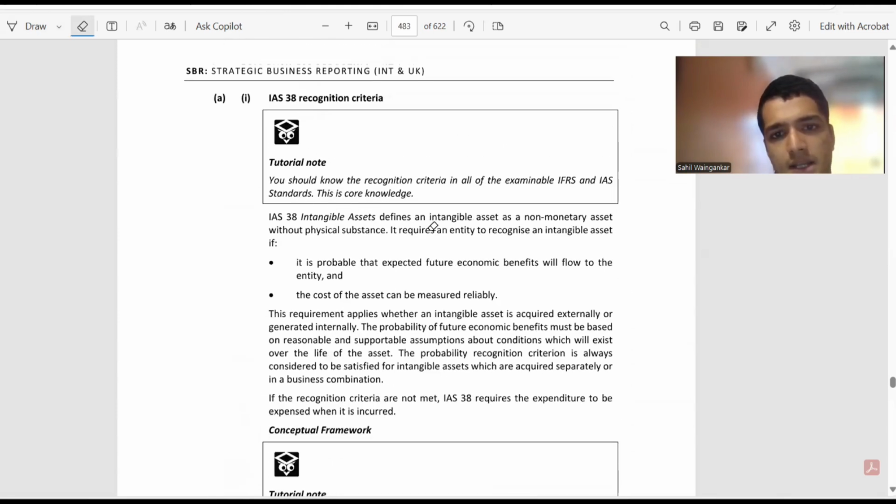IAS 38 Intangible Assets defines an intangible asset as a non-monetary asset without physical substance. It requires an entity to recognize an intangible asset if it is probable that future economic benefits will flow to the entity and the cost can be measured reliably. Those were the 4 recognition criteria of an intangible asset.